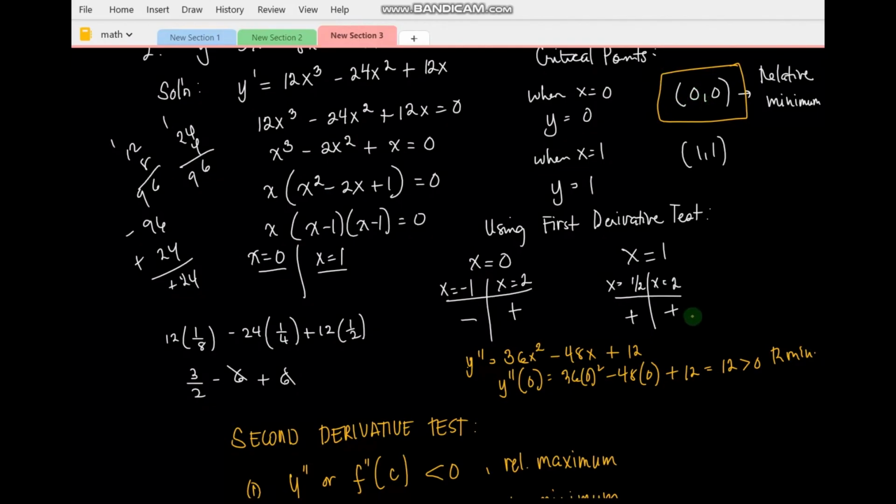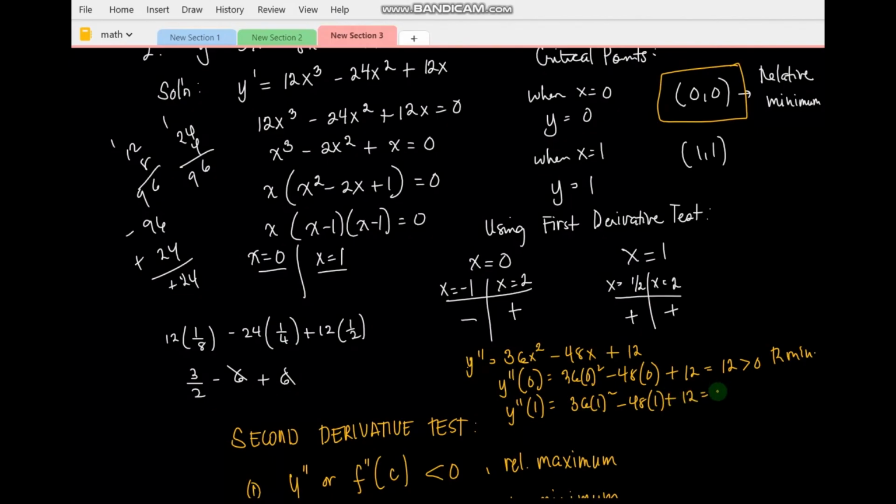Let's see, let's test for 1. Found here that 1 is not a maximum nor a minimum. Check. So y double prime, dapat equal to 0 ang sagot para hindi siya maging greater than or less than 0. Check. So it's 36 times 1 squared minus 48 times 1 plus 12.